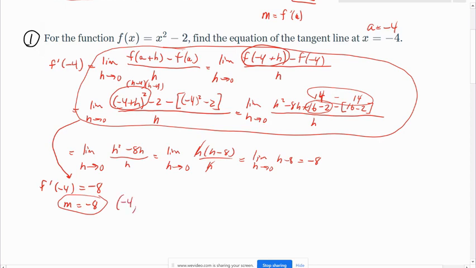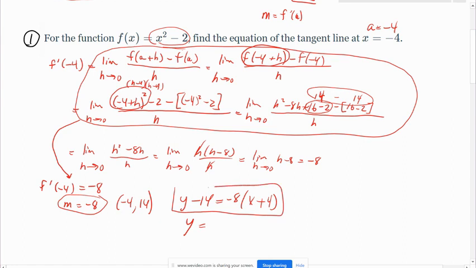When x is -4, if we go back to the original function, that is 16 minus 2, which is 14. So our point is -4, 14. Using point-slope form, that would be y minus 14 equals negative 8 times x plus 4. You could leave your answer like that. That is correct.